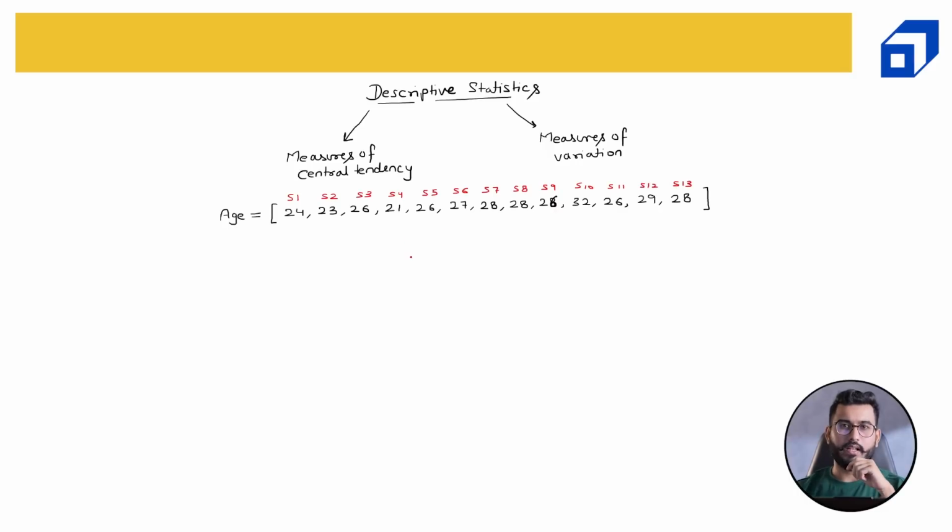So we are in total having 13 students in our class. Now, how can I explain the complete data in one number?